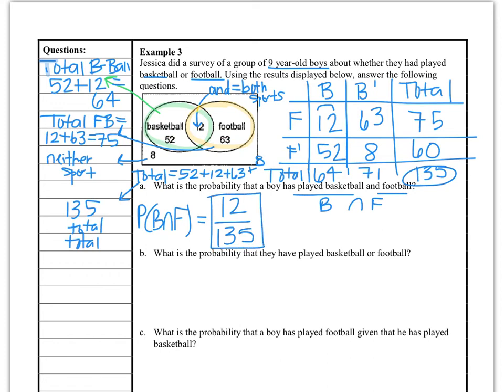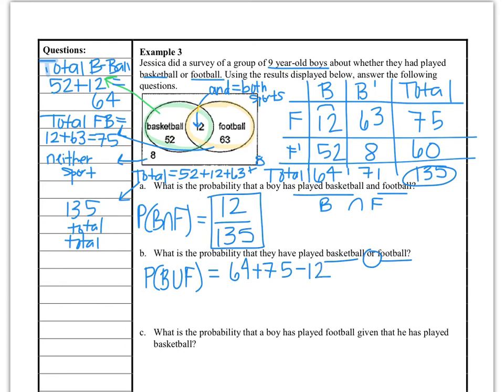Okay. Part B, what is the probability that they have played basketball or football? So now we're going to do P of B or football. Okay. So how you do that is you find the probability of all basketball, so that would be the 64, plus all football is 75, minus the intersection of 12.